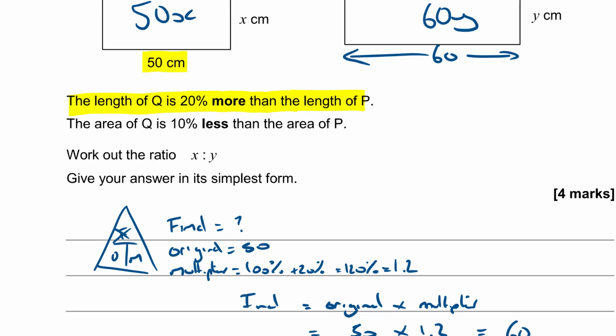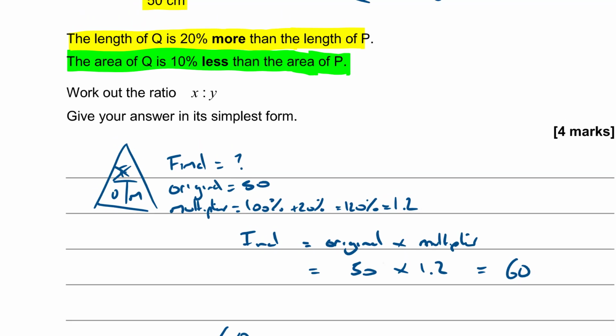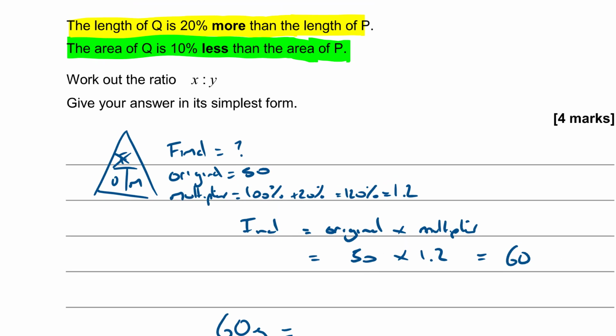So 60y is 10% less than the area of P. If you've got 100% and you take away 10%, you've got 90%.